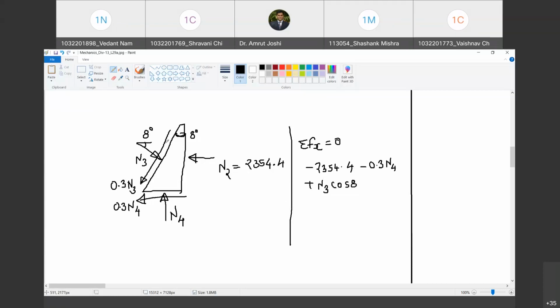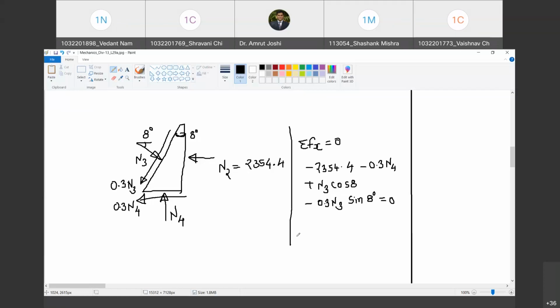And what about this 0.3 N3? It is going to be negative: negative 0.3 N3 sin 8 degrees. Very good. And anything else? No. This has to be equal to 0. This is the first equation.